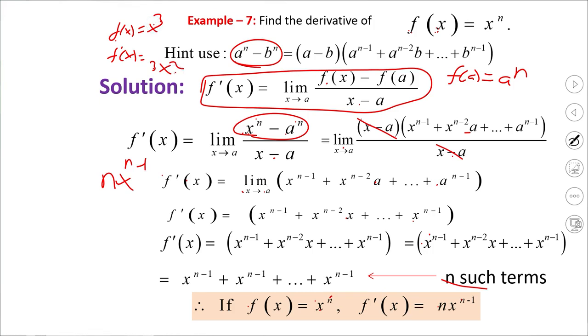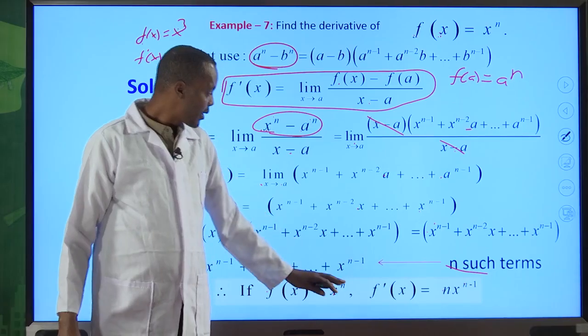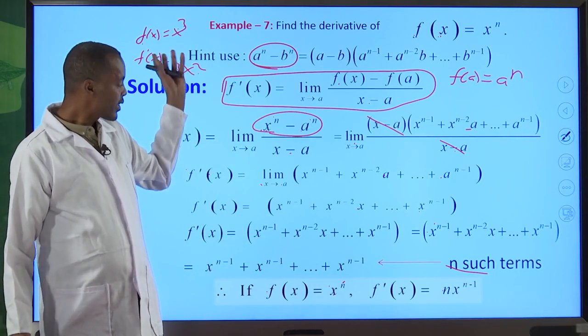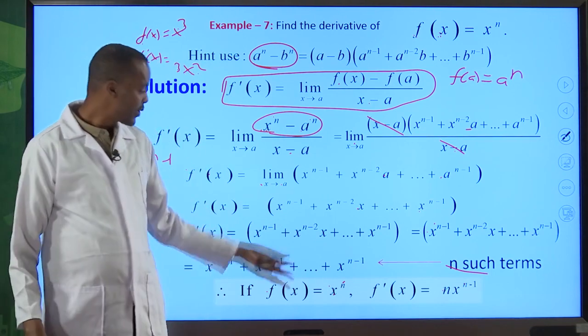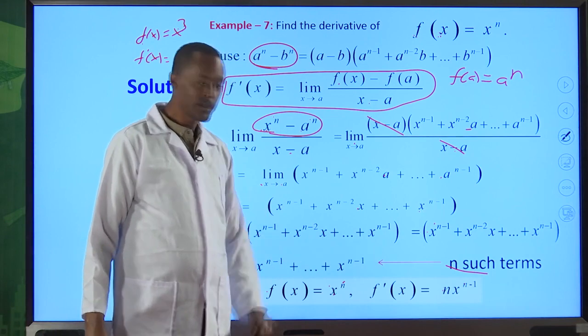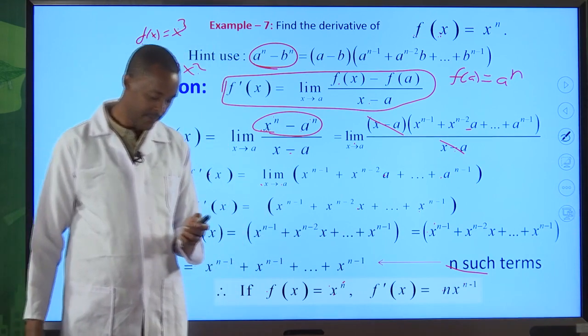I'm just doing the same thing. 3 here, 3 minus 1 is 2. That is the way you generally do the derivative of every polynomial. If you have this general formula, the whole previous exercises and examples we have passed through can easily be done even with inspection, if you have this formula in your mind.